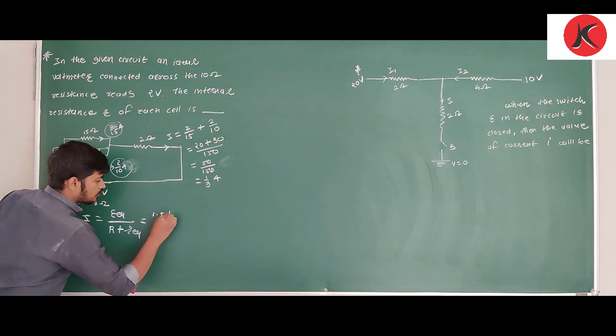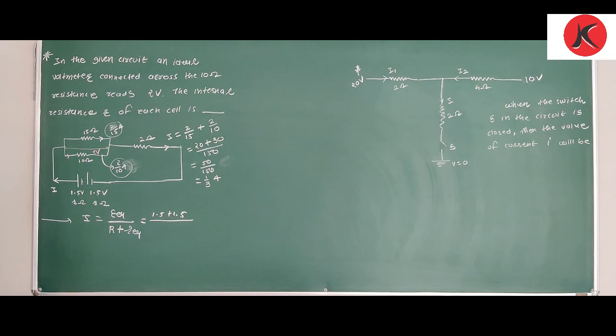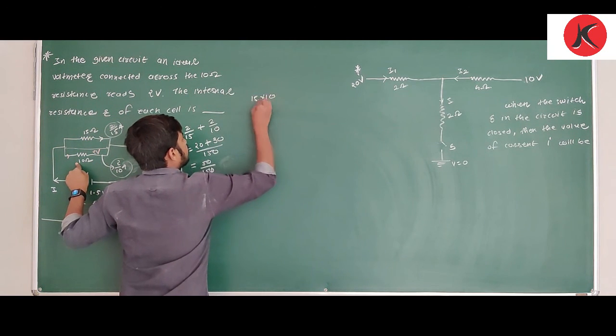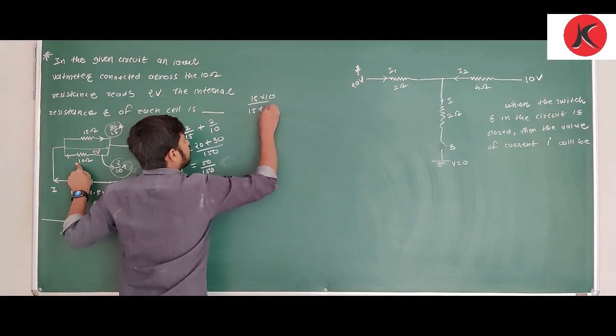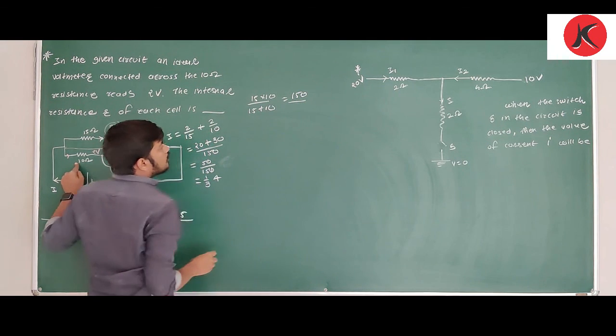So it is 1.5 plus 1.5 divided by R, that is the external resistance. Now you have to find the external resistance. This 15 ohm and this 10 ohm are in parallel connection, so their equivalent is 15 into 10 upon 15 plus 10, which is 150 divided by 15 plus 10.